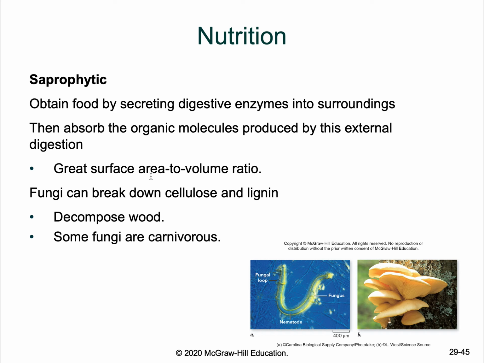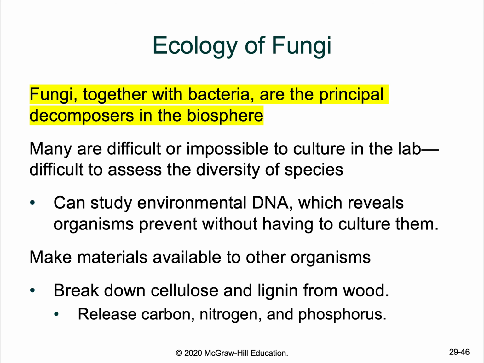So they're what we call decomposers. And so when you see this word saprophytic, it's associated with decomposers. So they have a really important role in our environment because they are the ones that clean up our ecosystem, right? And so we mentioned that here as well, that with bacteria, they're the decomposers of the biosphere, so they're really essential to our environment.